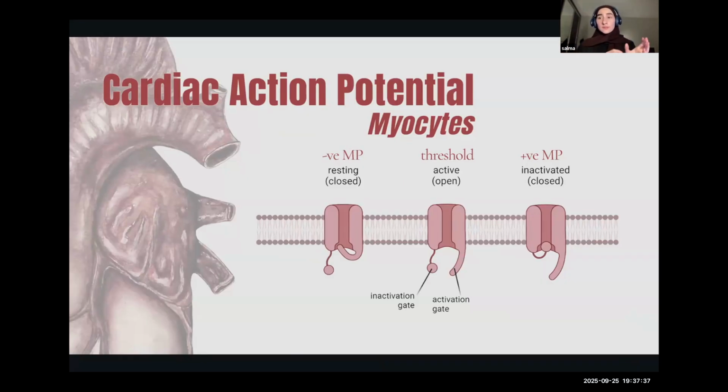If you're at resting potential, at a negative membrane potential, let's say about negative 90, the channel is just ready for a stimulus. As soon as you go back up to threshold, which is still negative, by the way, your channel is going to open and sodium is going to enter. That's resting. It's closed. All it needs is a stimulus.